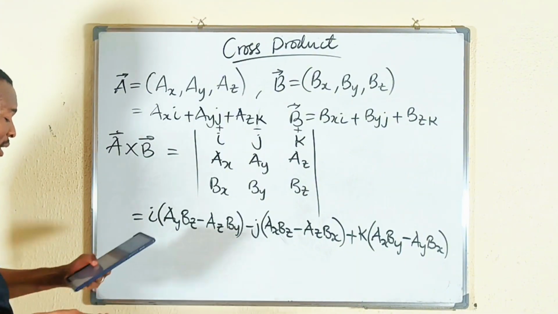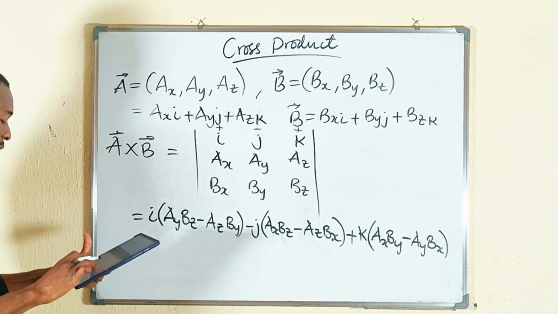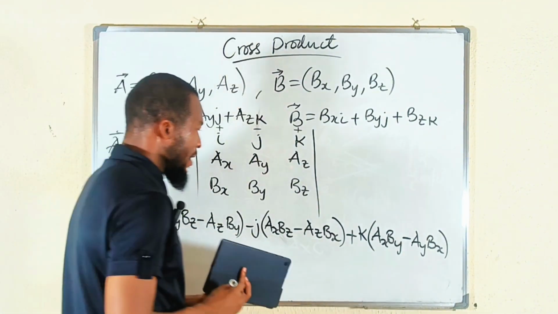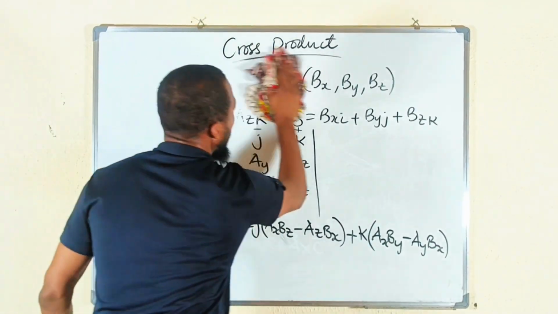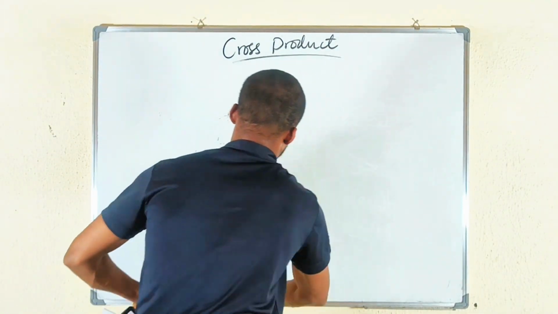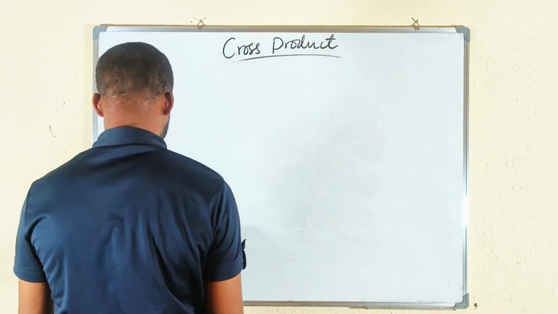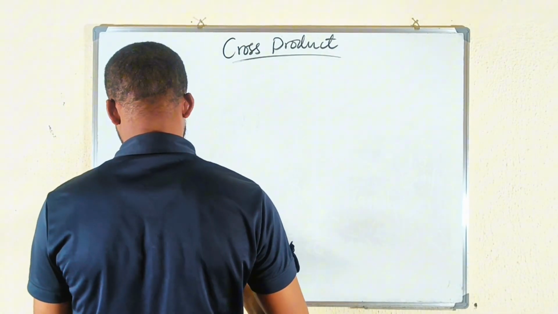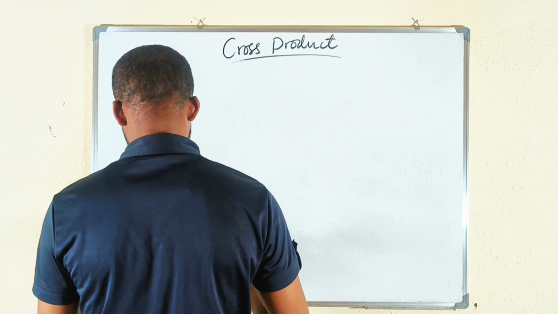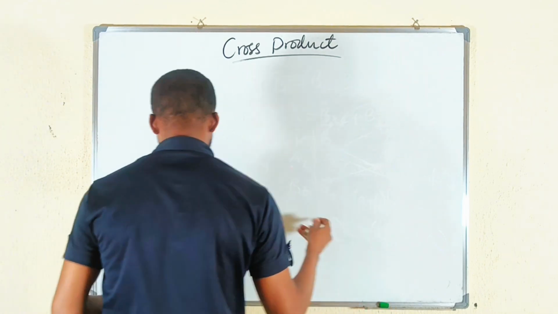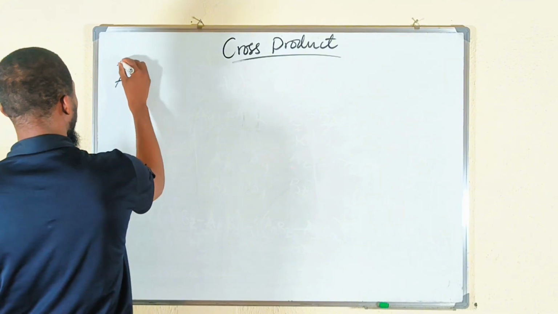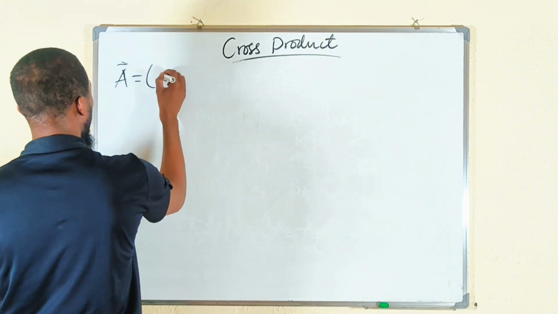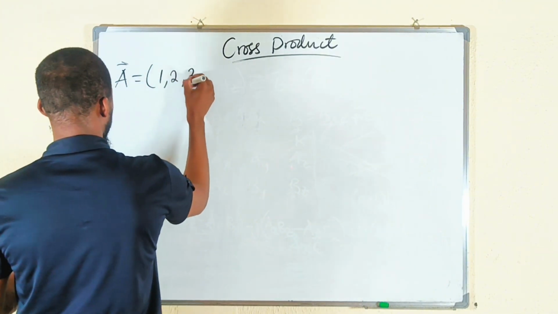So let's take an example and see how we can evaluate it. Let's assume we have a vector A with these components 1, 2, 3.